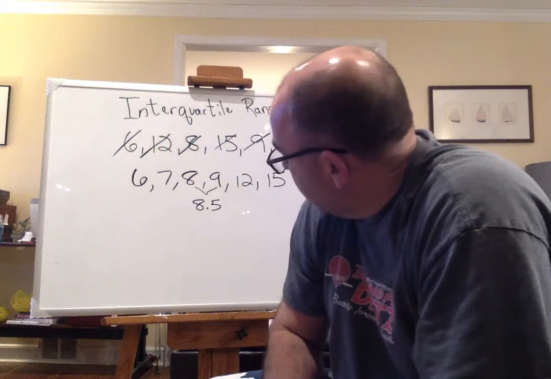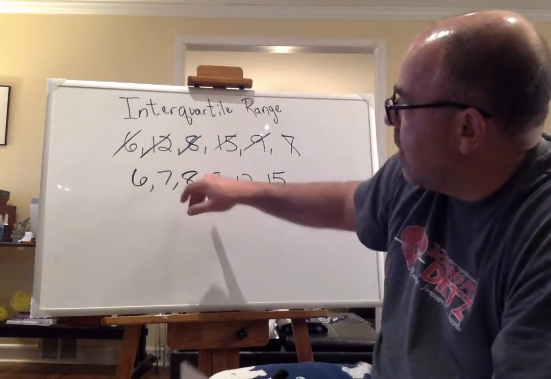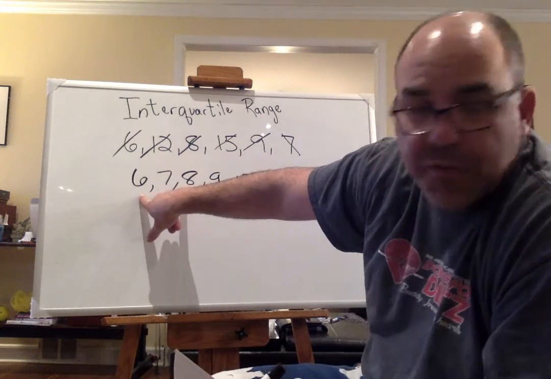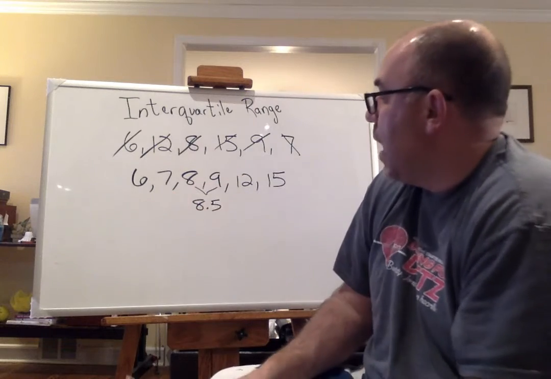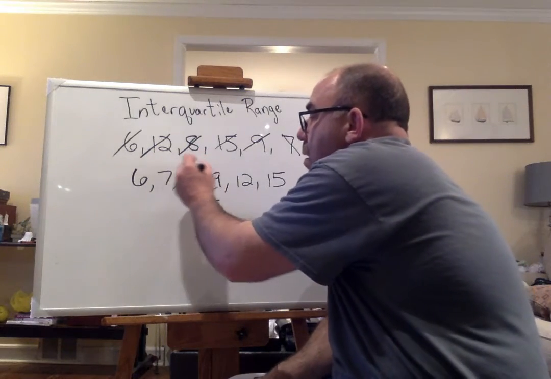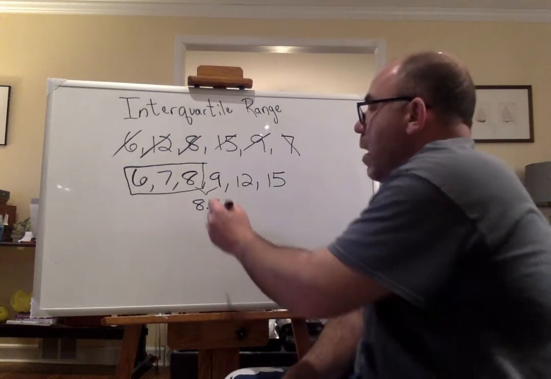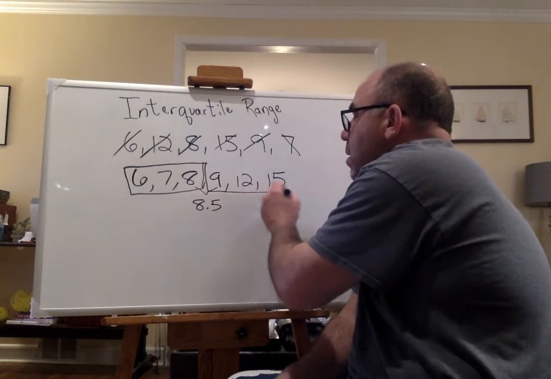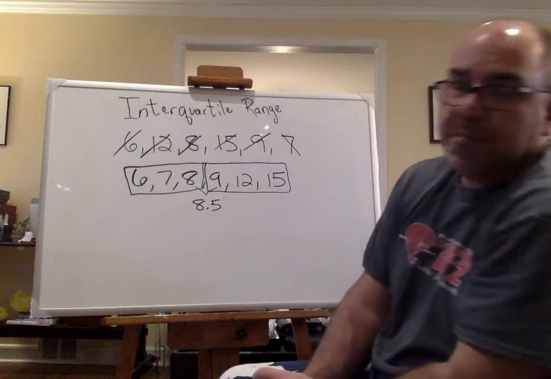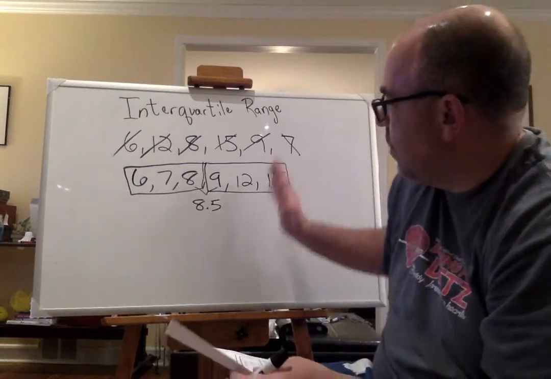What we do need to do, though, is now find the median of the first half of the numbers. Now, we're going to find the median of this set of numbers, and then we're going to find the median of this set of numbers. The first half and the second half.